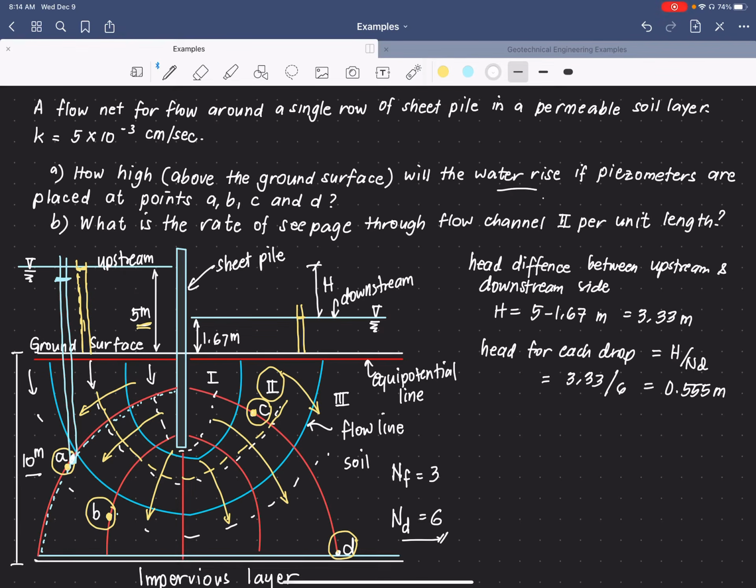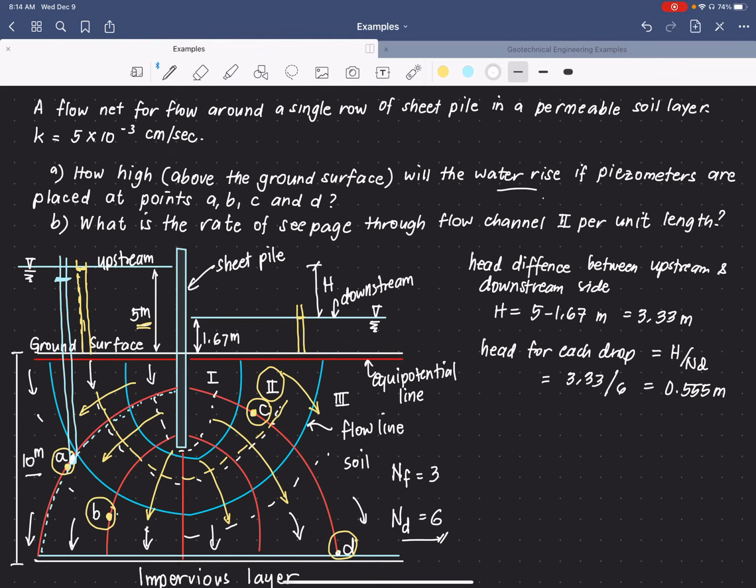So that is the expected head drop or head loss in each equipotential drop. Like here we have 0.555 head loss. Here we have the same, here also, here and here, and here too. So we have 6.